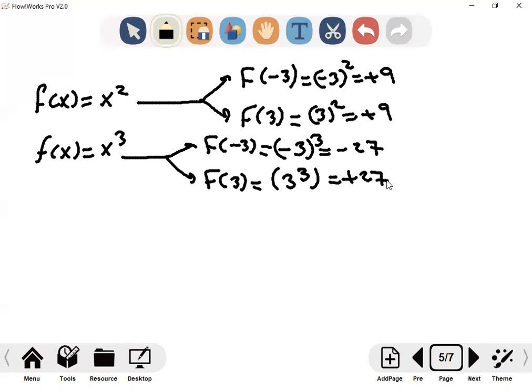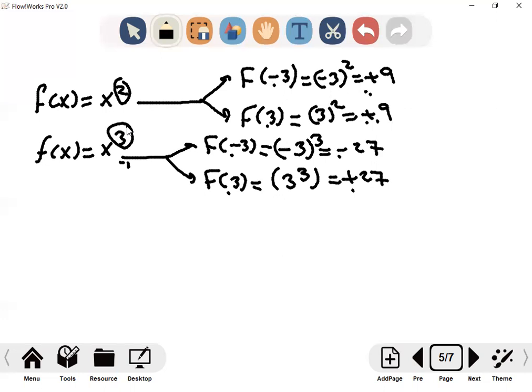So if you substitute a negative, the answer with an odd power is negative, and with a positive it is positive. But in the even case, with negative or positive, the answer is positive. Not only x power 2, I'm talking about power 2, power 4, power 6, power 8, any even degree. Not only power 3, but power 5, power 1, power 7, power 11, power 13, whatever.